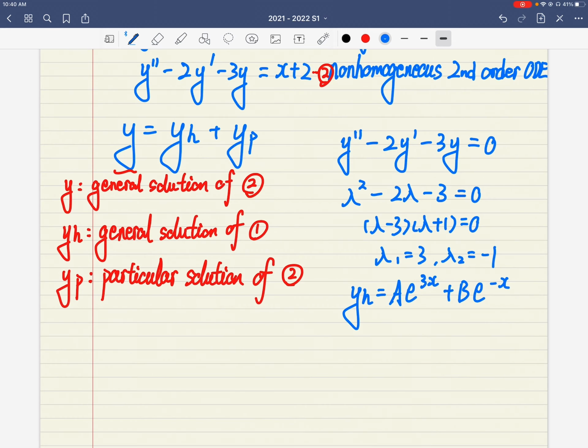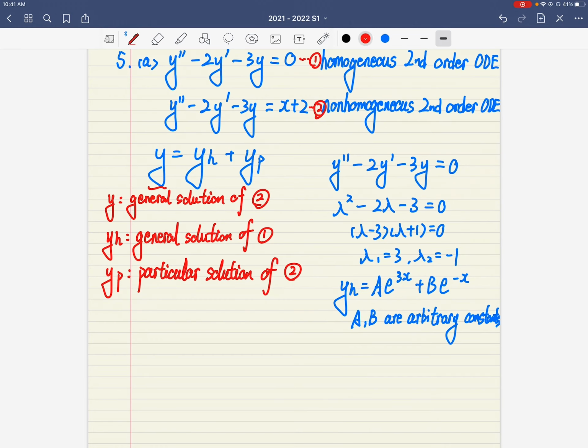This a and b are arbitrary constants. So this is the first part. We've got our YH.